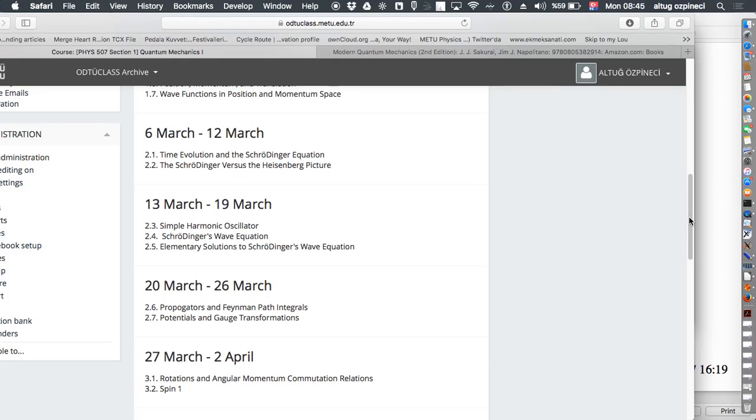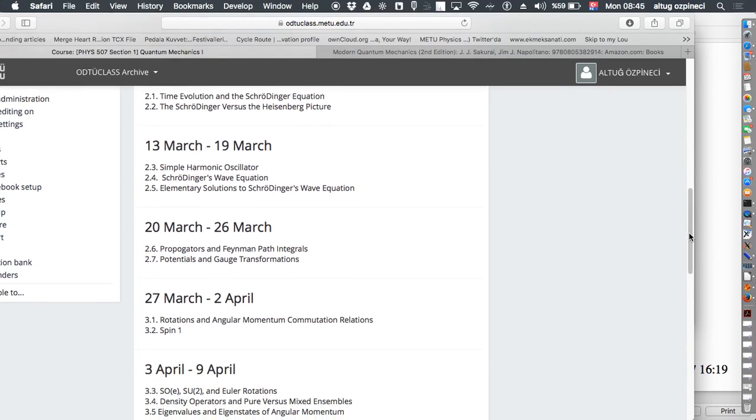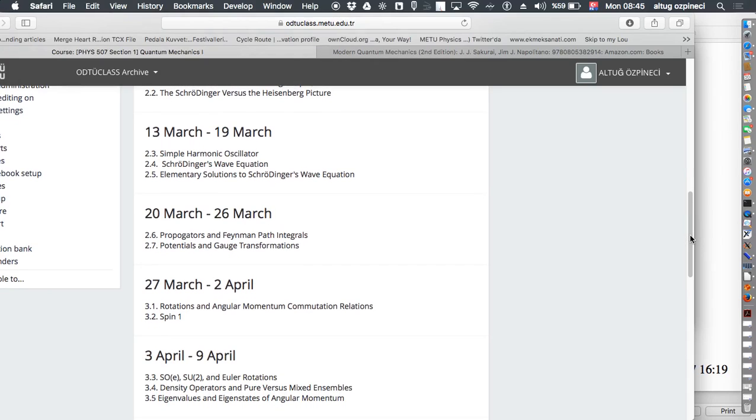Then there is a chapter on propagators, Feynman path integrals, and gauge transformations. We will need to describe how the particles interact with electromagnetic fields. So there we will need this discussion on gauge transformations because electromagnetic theory is basically a gauge theory.